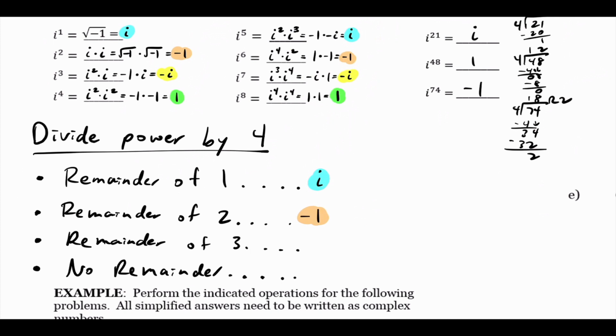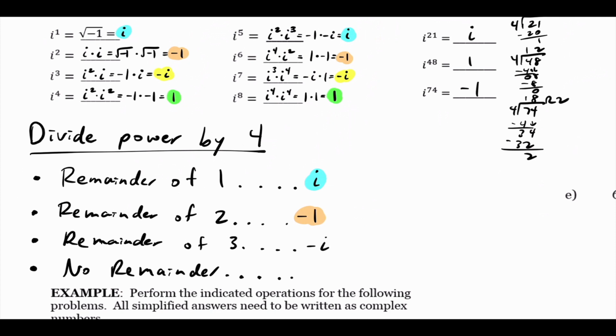When I divide by 4 and I get a remainder of 3, my answer is going to be negative i, yellow. And then the last one, I don't get any remainder. It goes in evenly. I get an answer of positive 1.